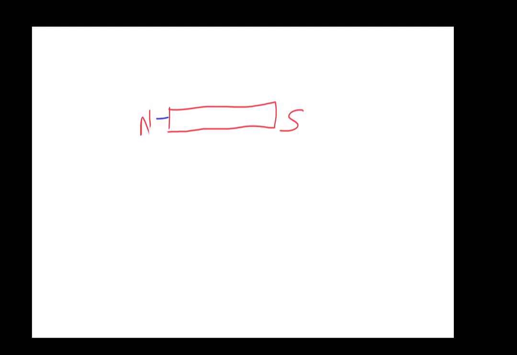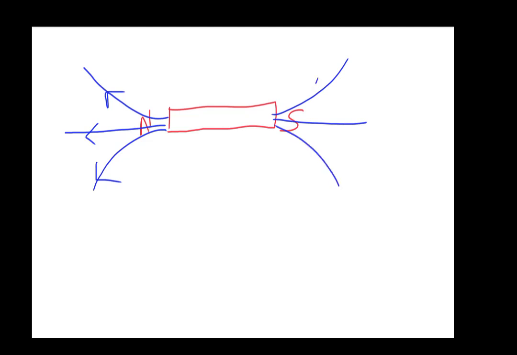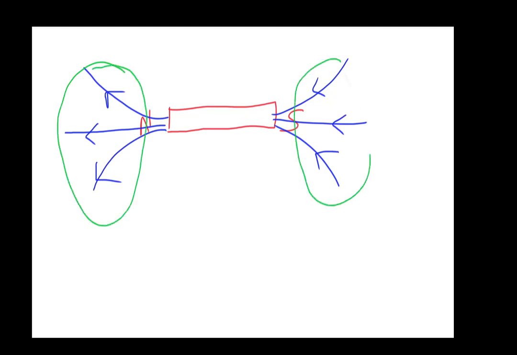The fields will always come out of the North Pole, and the fields will always be going into the South Pole. So the directions are very important. Remember very quickly that at the North Pole the arrows are pointing out, and at the South Pole the arrows are pointing in. I hope that helps you.